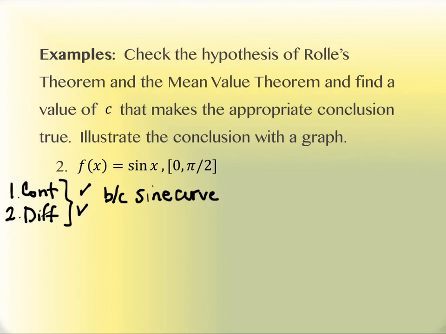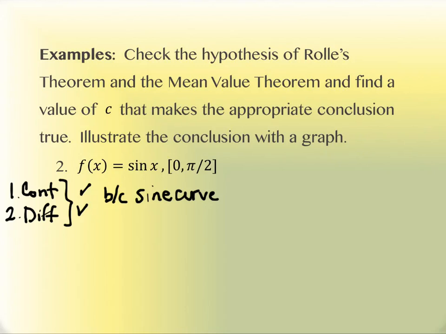Now let me pause for a moment because the interval that we're looking at hasn't come into play on any of these, because the two functions that I chose to present are continuous everywhere. They're differentiable everywhere, right? But not all functions are, right? All polynomials, all sines and cosines. But what if you had tangent? Tangent is not continuous everywhere, right? But could you make the window small enough that on a piece of it, it was continuous and differentiable?